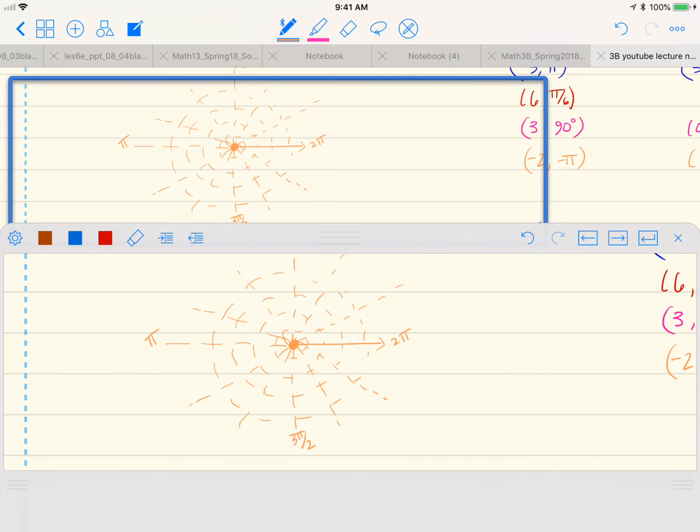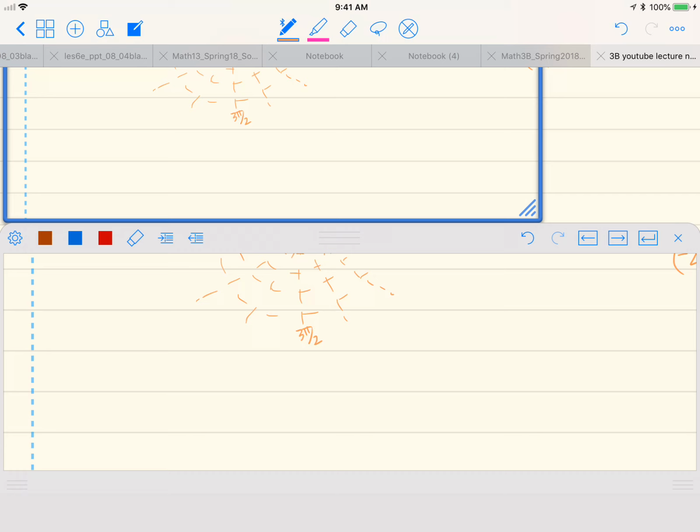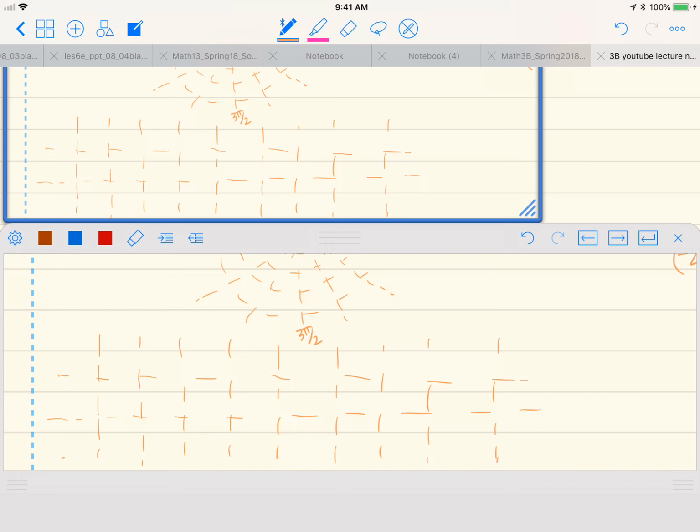Doing this is the same as if I say I want to lay out all of my x values. So x could be negative 5, negative 4, negative 3, negative 2, negative 1, 0, 1, 2, 3, right? And then I want to lay out my y values, 0, 1, 2.